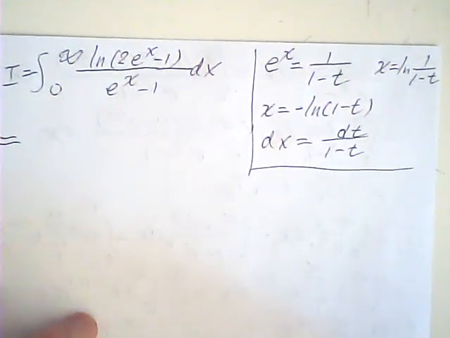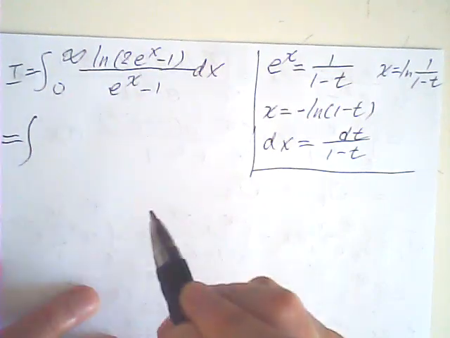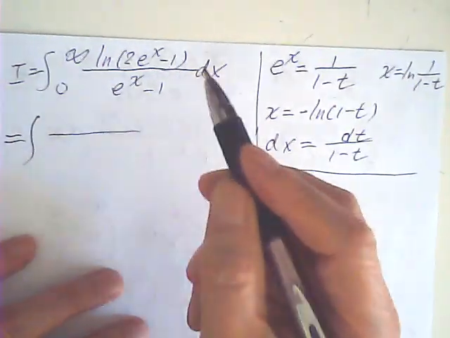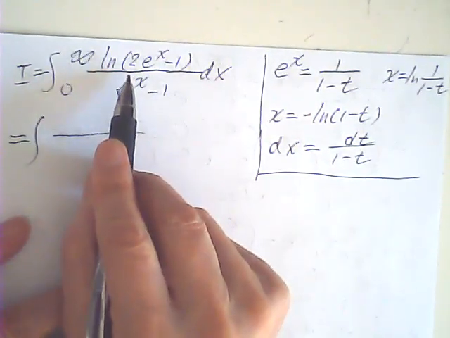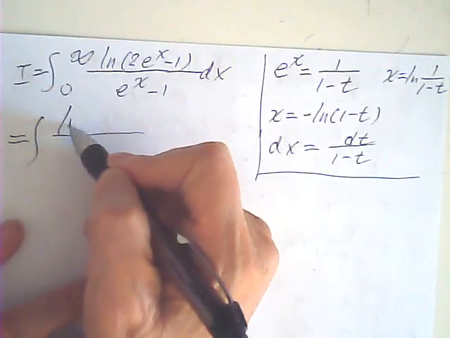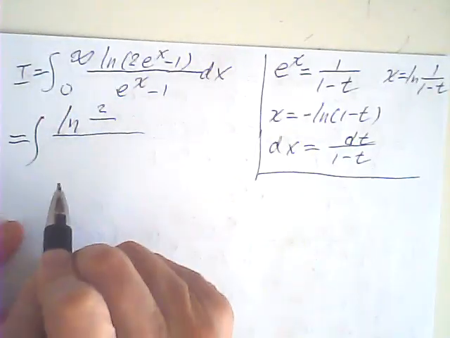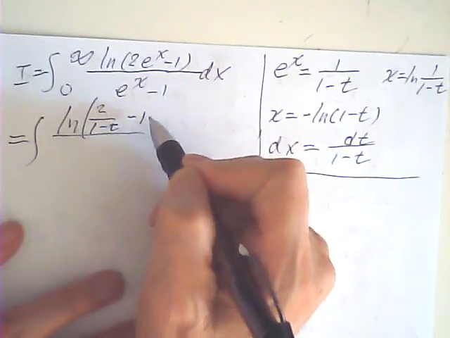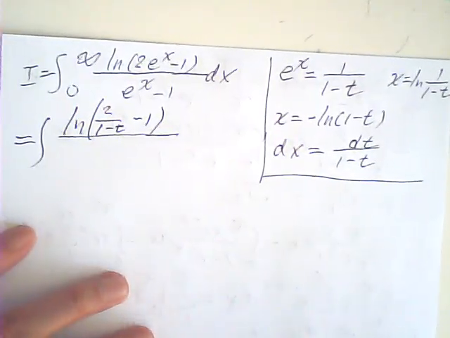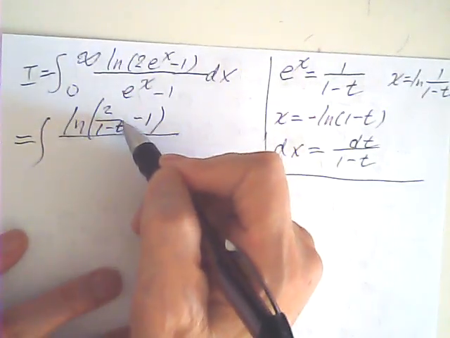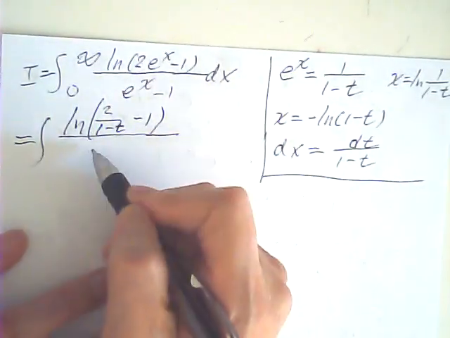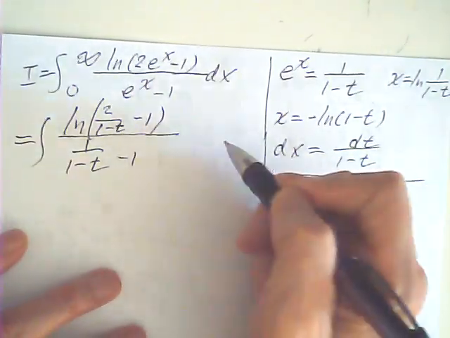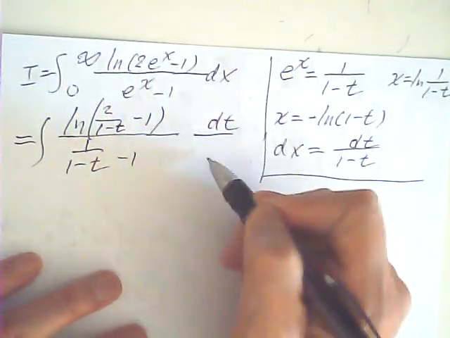So my integral becomes the integral of natural log of 2 over 1 minus t minus 1, and 1 over 1 minus t minus 1. dx is dt over 1 minus t.